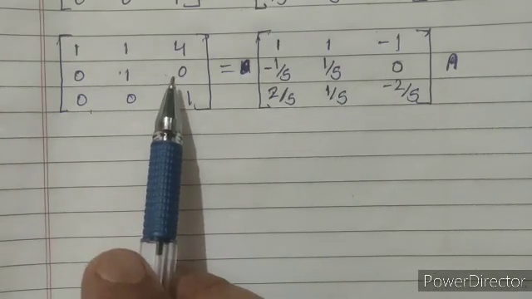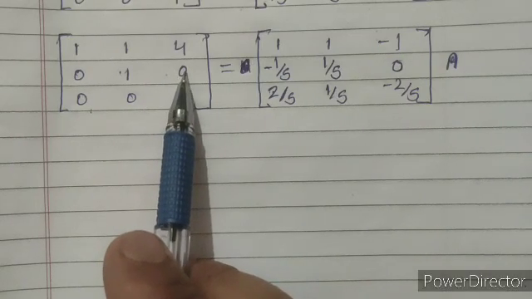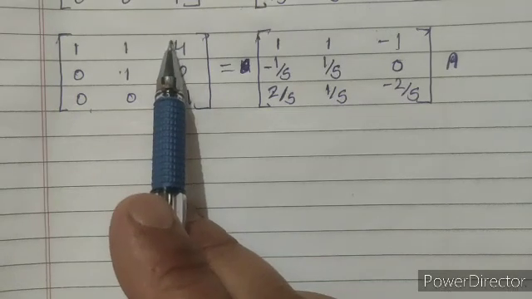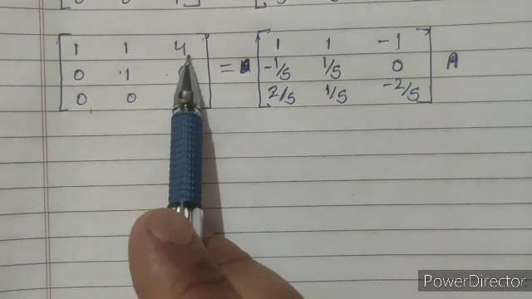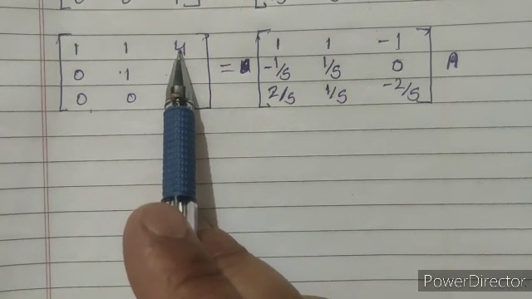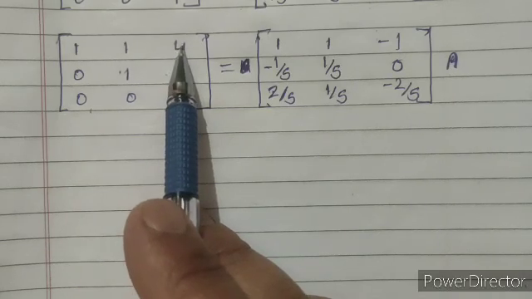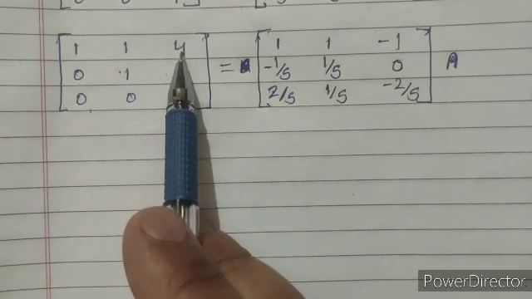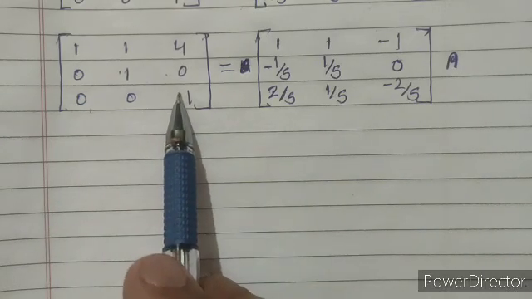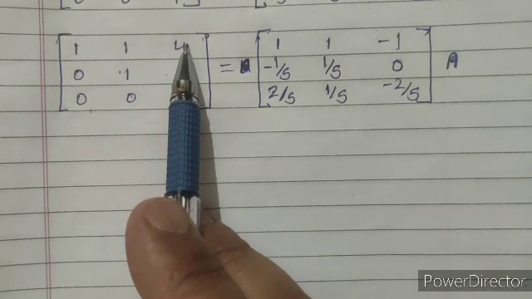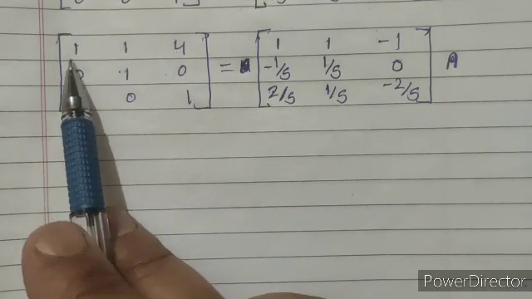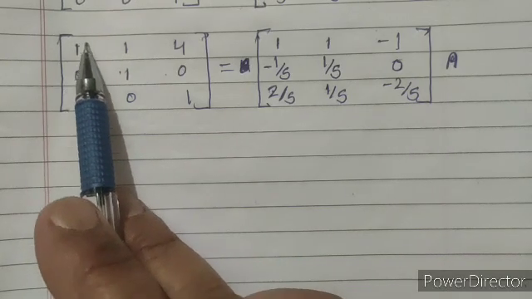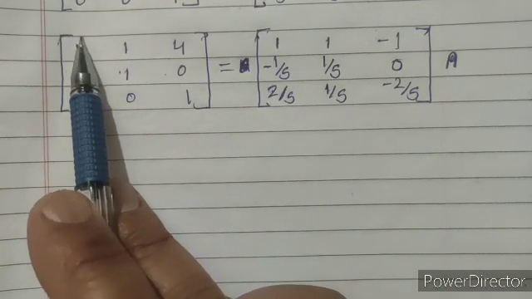Now after applying the operation on the third element of row 2, we will convert the third element of row 1. Now it is 4 here, and in place of 4 we need 0. 4 minus 4 will be equal to 0. That means if we subtract 4 into row 3 from row 1, that will give us 0. And also this 1 which we have already converted will not be affected by this transformation.